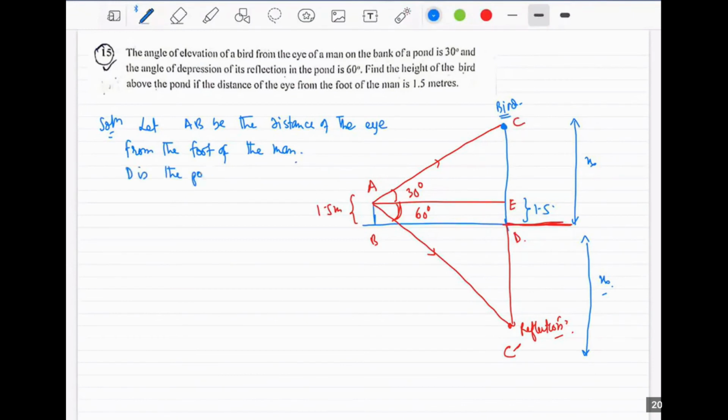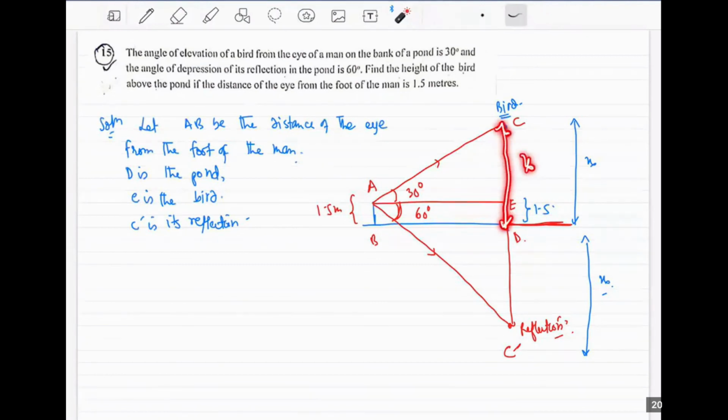C is the bird, C prime is its reflection. For convenience of calculation, we are taking CD to be X. So C prime D will also have the same value, X. Let CD equal C prime D equal X. Make it equation number 1.